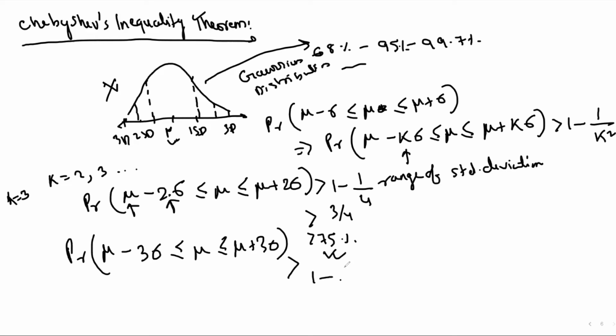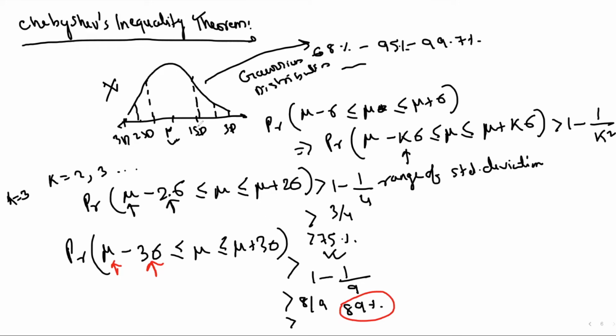If you calculate 1 minus 1 divided by k square, k square is 9, so it is nothing but 8 by 9, meaning approximately 89%. So 89% of the data points will fall between mu and the third standard deviation. So this is what Chebyshev's inequality theorem states.